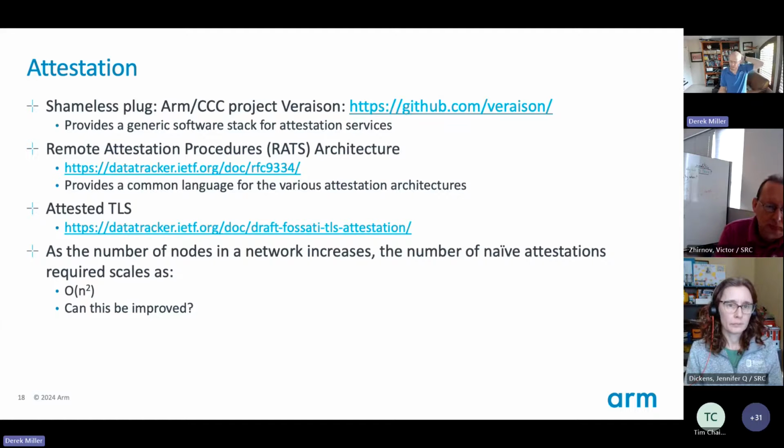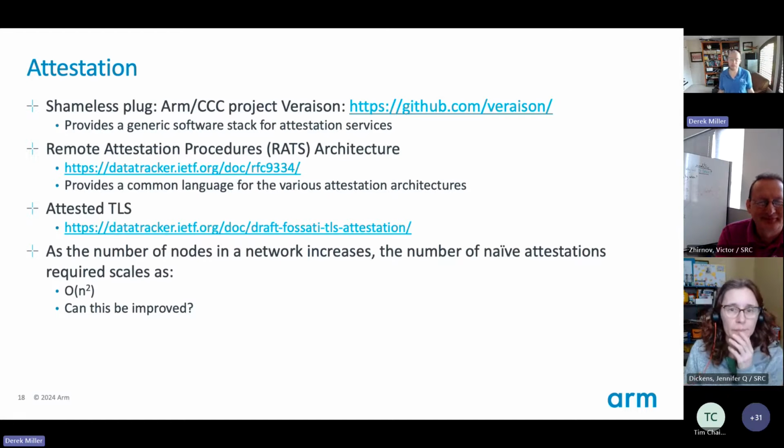This was Thomas Fossati, one of my coworkers, and also a former coworker of mine, Hannes Tschofenig. I honestly don't know how to say his name. He was always Hannes. His name starts with a TS. I'm sure you know who he is. He was a former colleague, but he's still working on this.